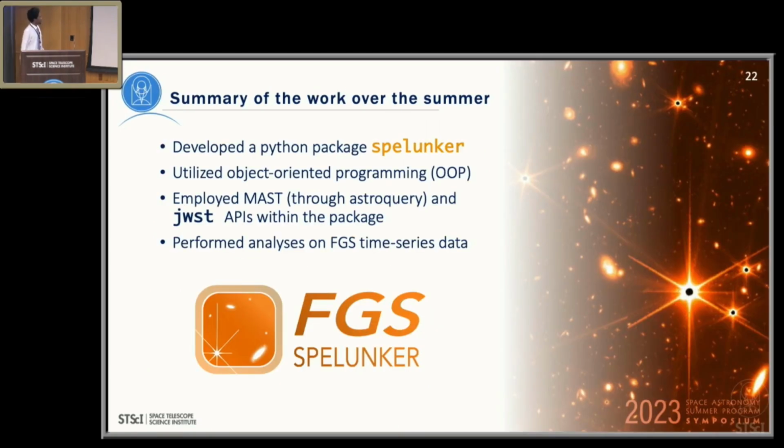So some of the work I developed: I developed a package called Spelunker, utilizing object-oriented programming to do so. I also employed MAST and JWST APIs within the package, and I additionally performed analysis on FGS time series data by using the package I created.